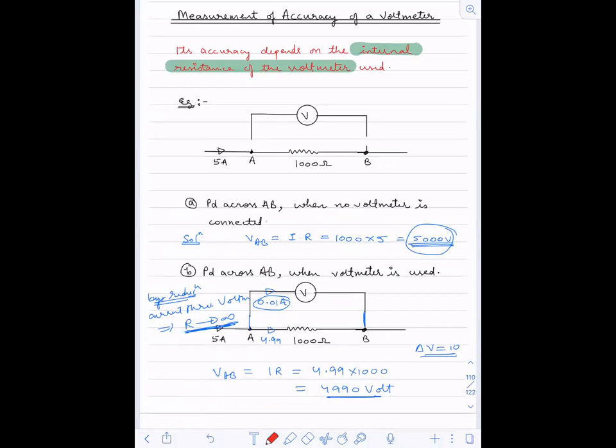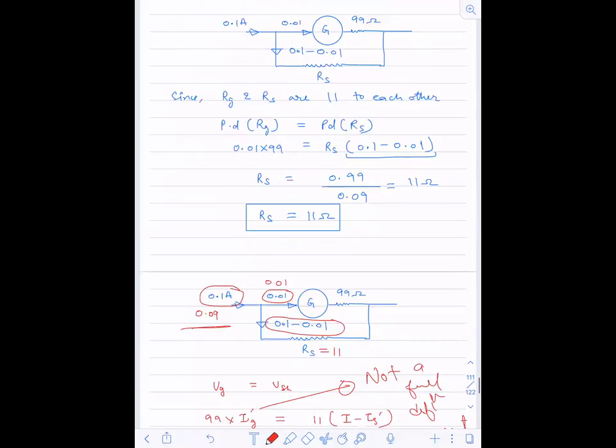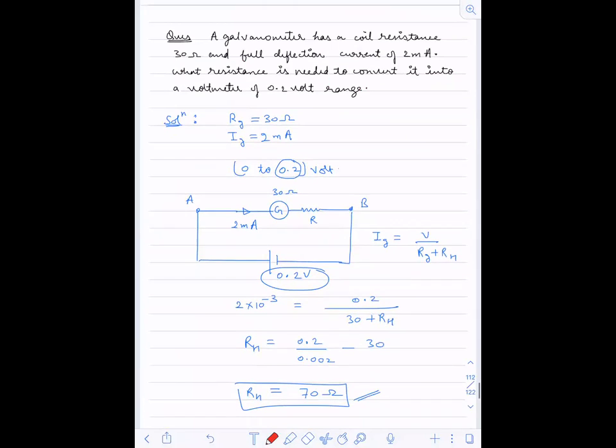Third slide. This is the fourth slide. This is what we did yesterday. This is what we have done today.